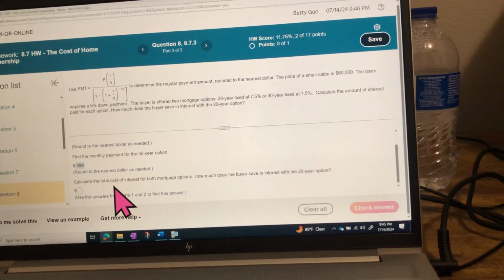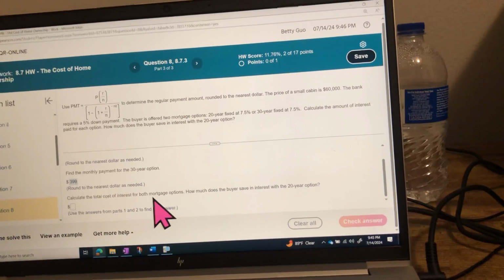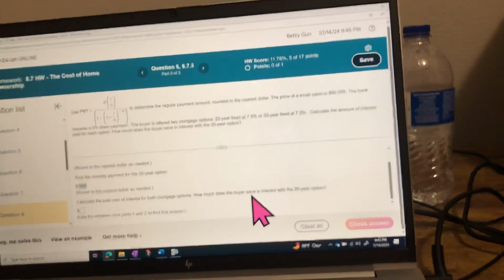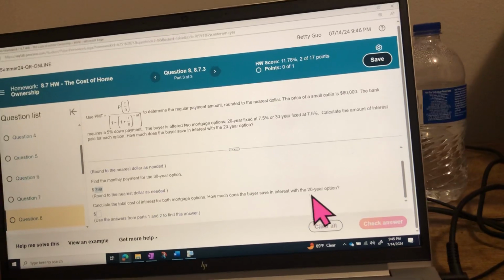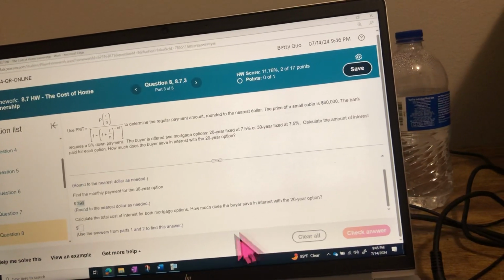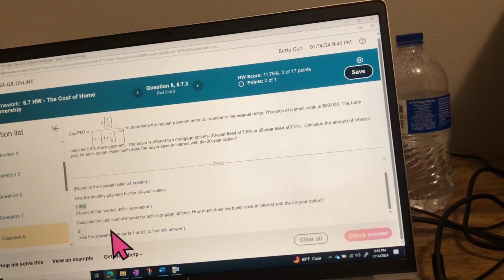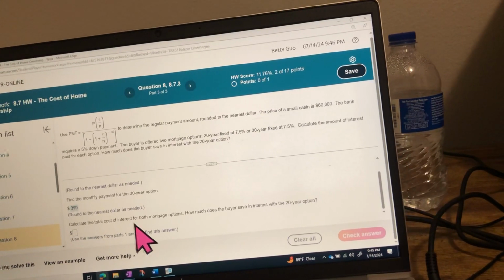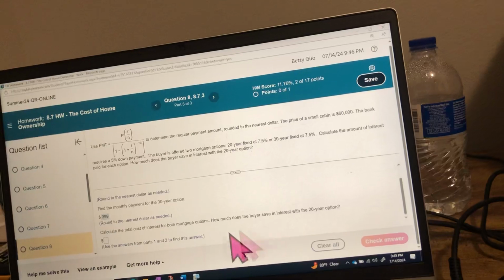Part 3, calculate the total cost of interest for both mortgage options. How much does the buyer save in interest with the 20-year option? So we are going to calculate the total cost of interest for both and then find the difference. That's the third part.